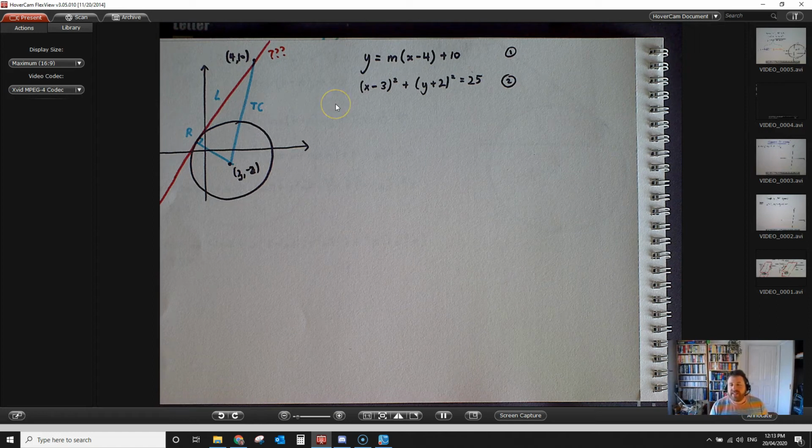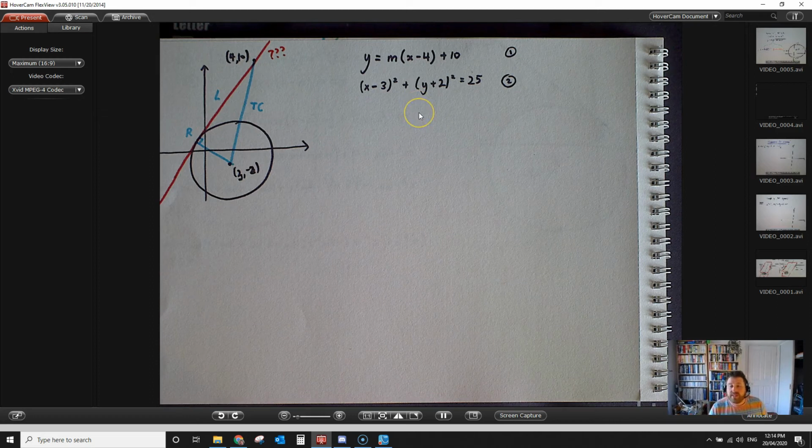Okay, so the first thing is a tangent is just a special case of an intersection. So we have our 2 equations. This is just the general equation that runs through the point (4, 10), and we have the equation of our circle. And to find an intersection, we sub one of them into the other. Now, it is going to get very, very ugly, so this would never be a tech-free problem.